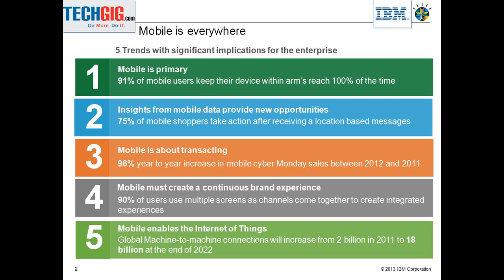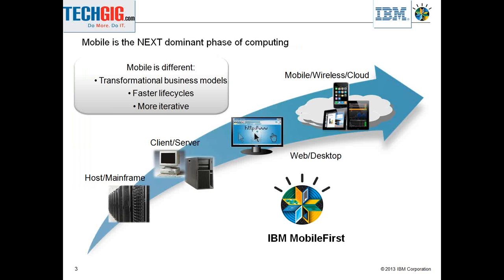I am on slide 3. Mobile is the next dominant phase of computing, and everyone understands why it is dominating and evolving. Believe me, today there are devices which are more expensive than my desktop computer or laptop, and still there is increased sale of such devices.